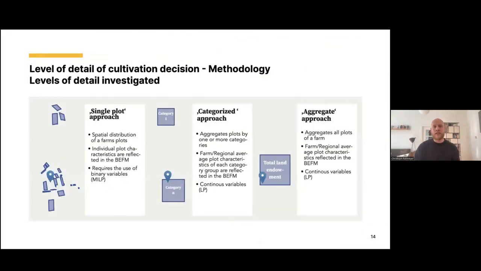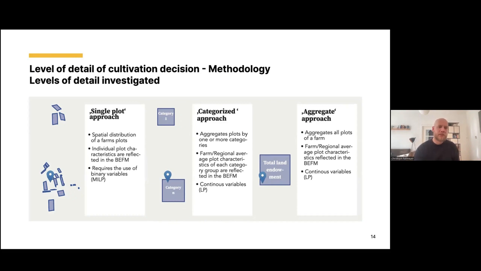Then from the methodology point, we were looking at different levels of detail. In the single approach, that is how the decision problem actually looks for farmers: they have to decide on every single field what they grow. So that accounts for the spatial distribution of the farm's plots and also for the individual plot characteristics. A farmer would probably say, oh, those far distant fields, I can't cultivate potatoes there because potatoes contain a lot of water, so that's a lot of transport costs I'm facing there.